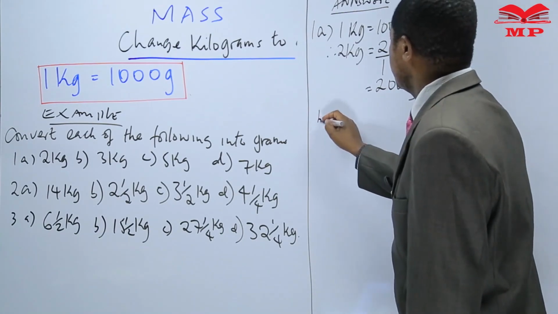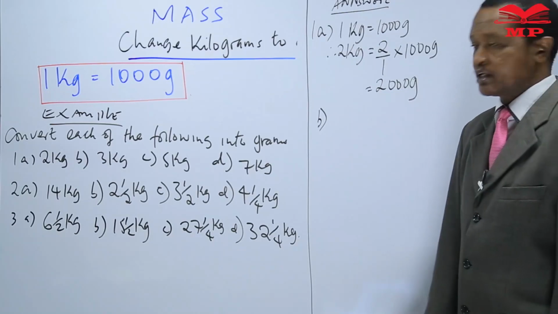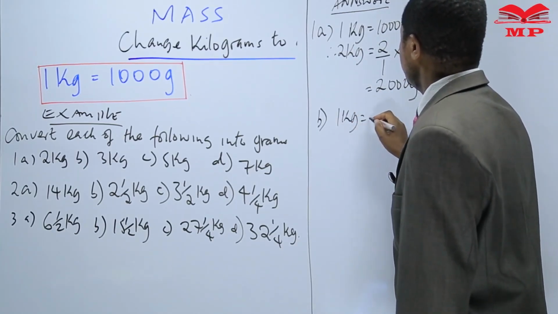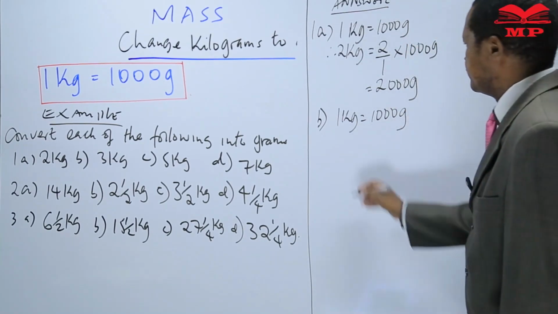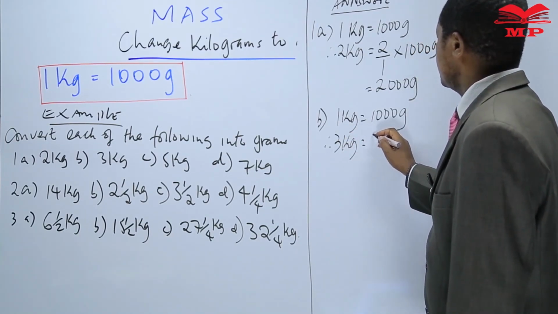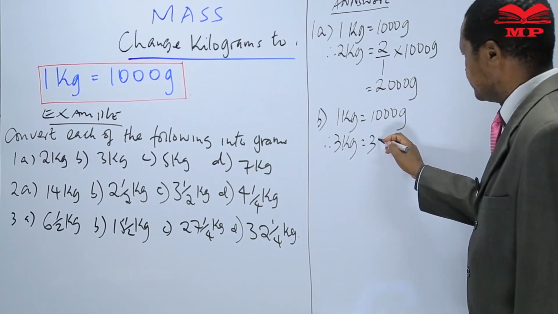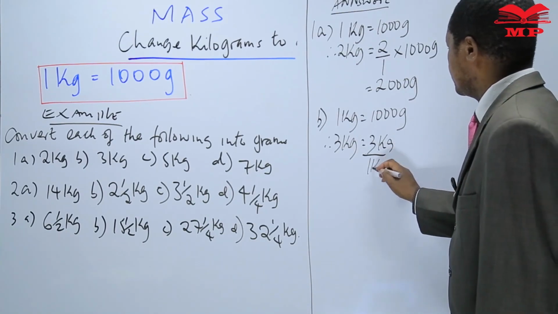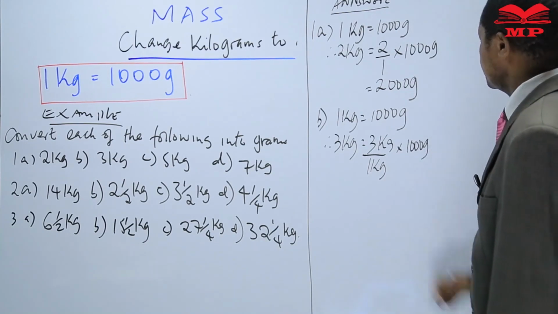Then B, you need to convert 3 kilograms to grams. 1 kilogram, we have said, is equal to 1,000 grams. Therefore, 3 kilograms will be equal to 3 kilograms over 1 kilogram times 1000 grams.